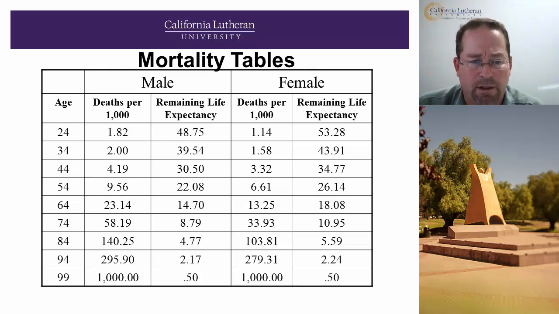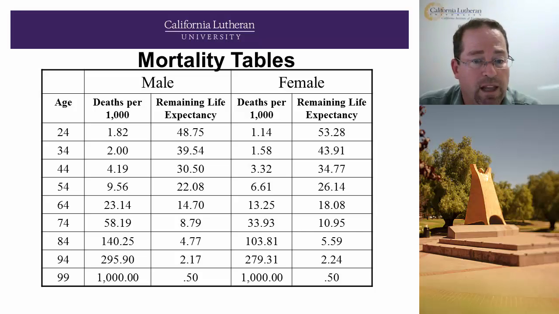Here's a mortality table to look at, and we don't expect you to memorize each of the individual numbers, but please become familiar with how the numbers trend. When we look at the life expectancy on the left side of the screen for a male, the first column, we talk about deaths per 1,000 people at a given age, the numbers on the right. You will see that the number of deaths increases with the increase in age.